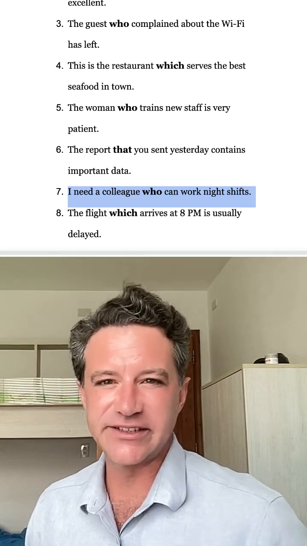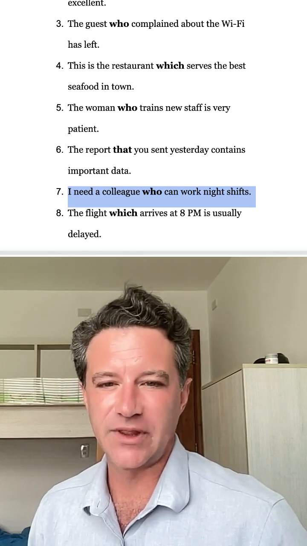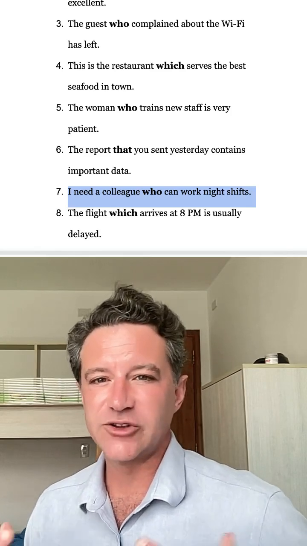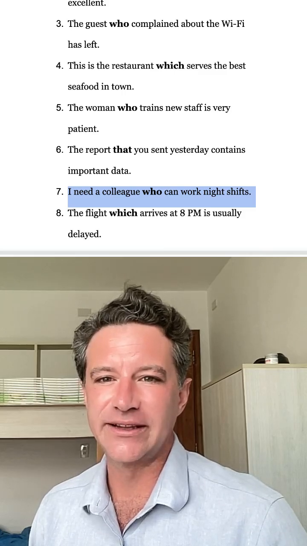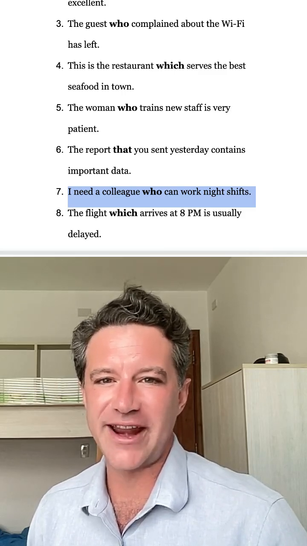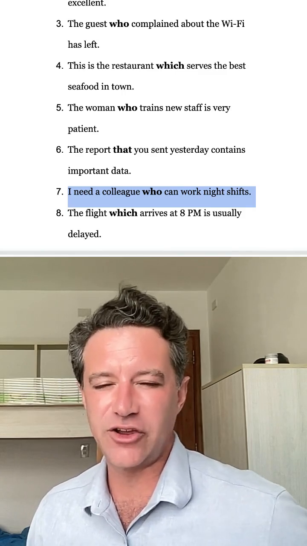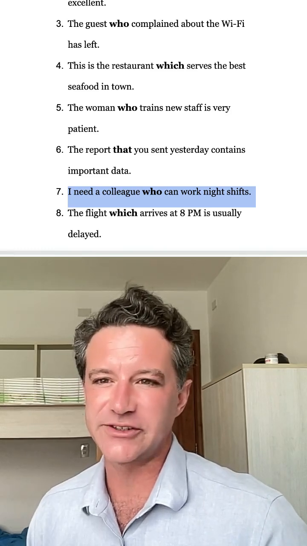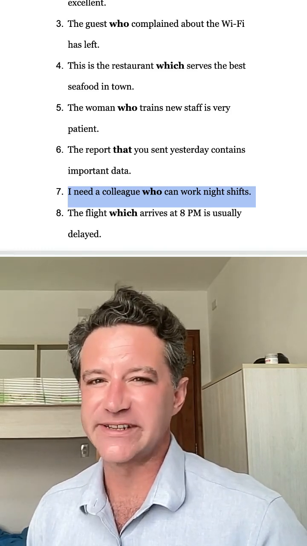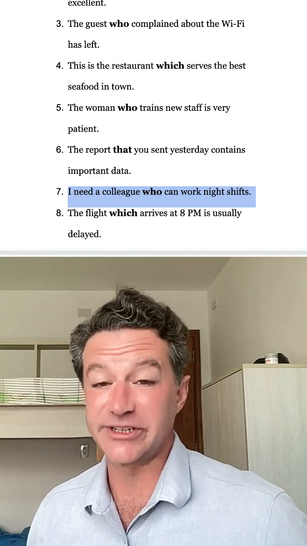A colleague is somebody who works with us, a co-worker. So practice saying the word colleague. Colleague. A colleague could be a friend, but specifically a colleague is somebody who works with us or perhaps studies with us or teaches with us.